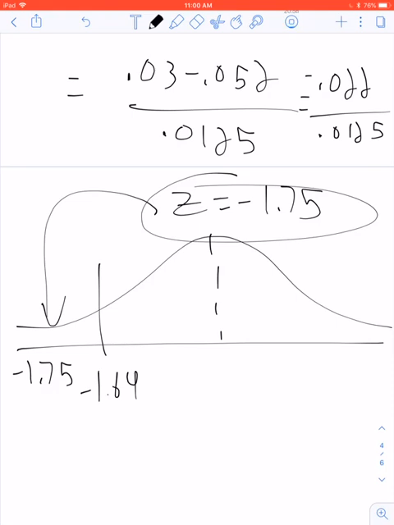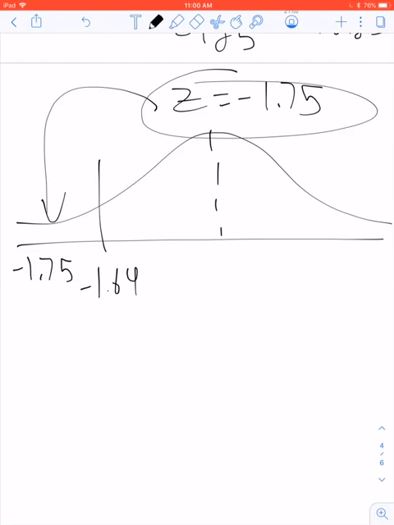Okay? So if I want to get a p-value, right? If I want to find the probability of getting a test statistic this low or lower, I would do normalcdf. I need my lower bound is negative 1E99.